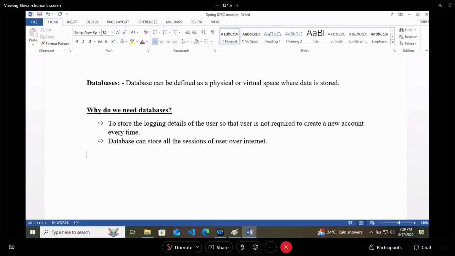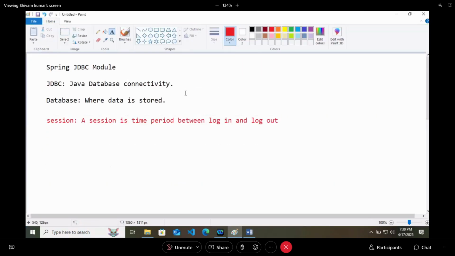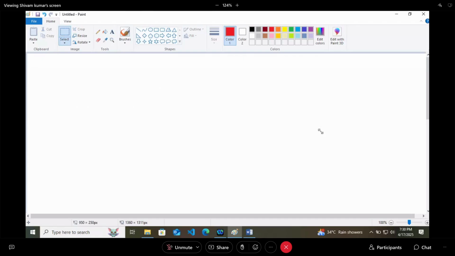Now we will come to types of databases. How many types of databases do we have? Physical and virtual?